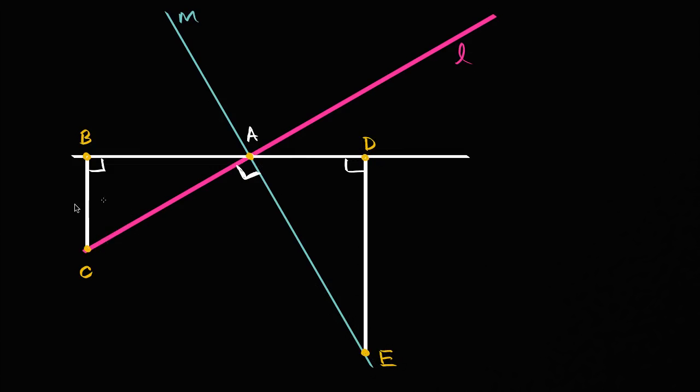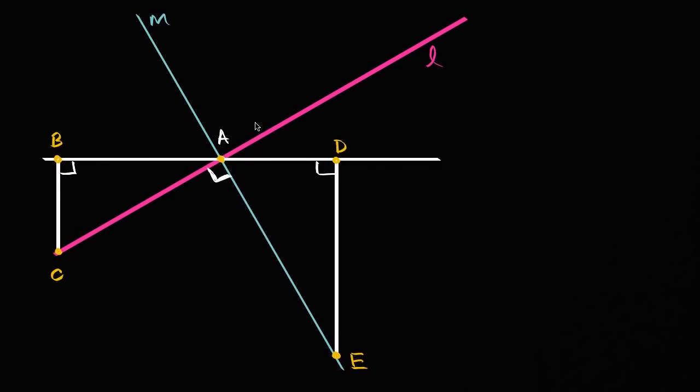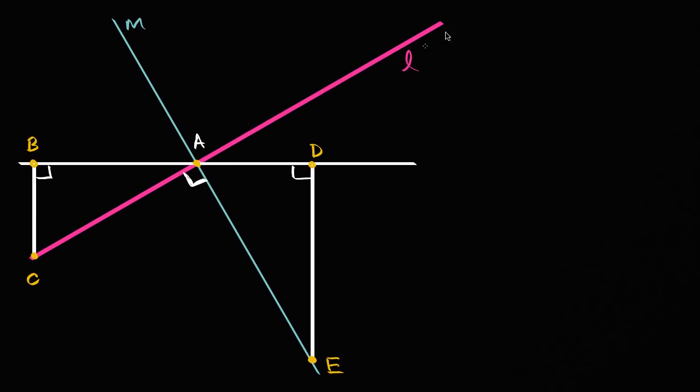Now, let's think about what the slope of line L is. So slope of L is going to be what? Well, you could view line L as the line that connects points C and A. So it's the slope of CA, you could say. L is line CA.